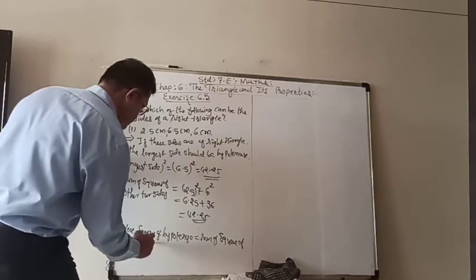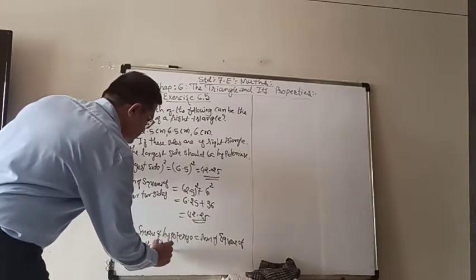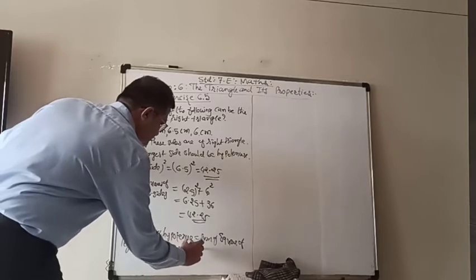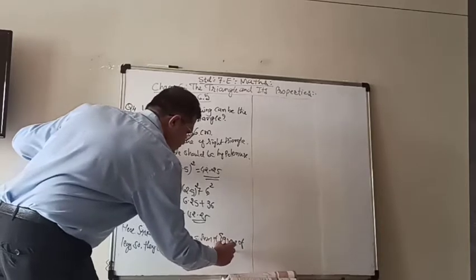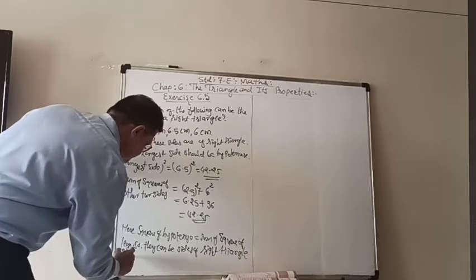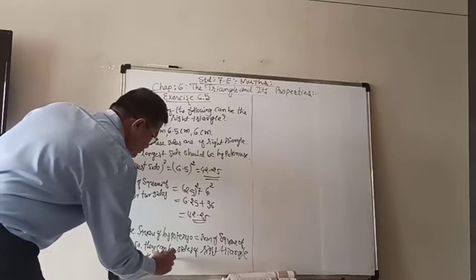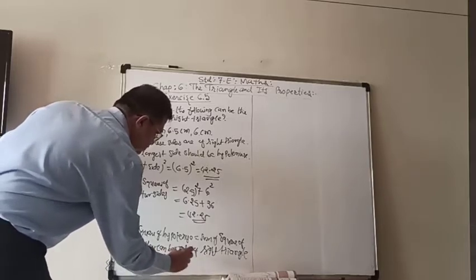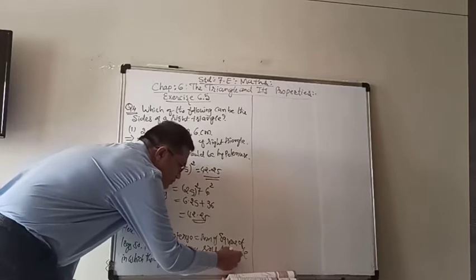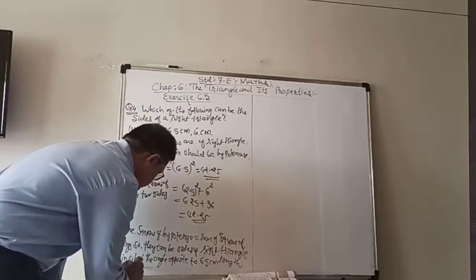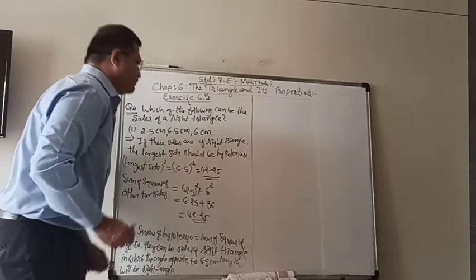So they can be the sides of a right triangle in which the angle opposite to the 6.5 centimeter length will be the right angle.